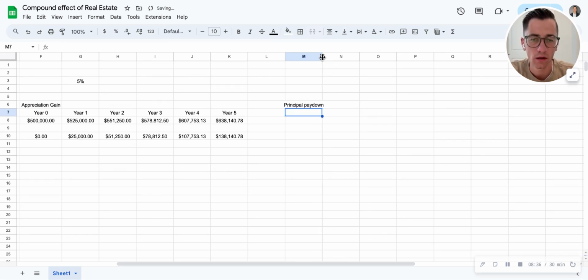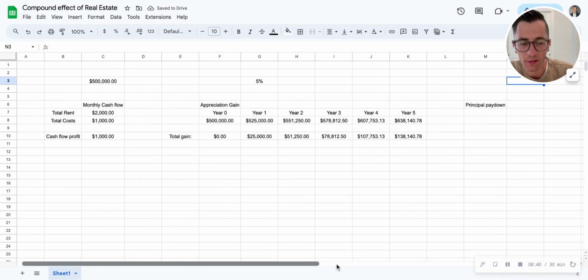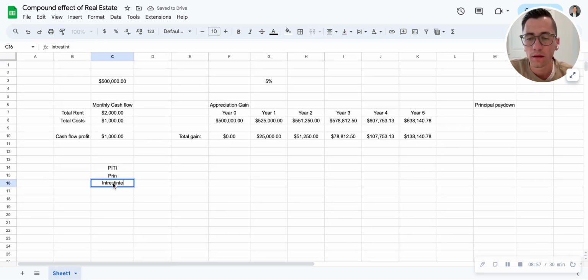As part of your monthly payments and your monthly expenses, you have what's called your PITI. Okay, you have your principal, your interest, your taxes, and your insurance.